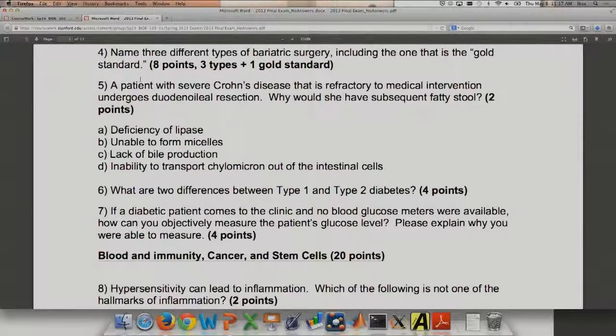So if a diabetic patient comes to the clinic and no blood glucose meters are available, the finger sticks one, how can you objectively measure the patient's blood glucose level and explain why you were able to measure this? Yes, correct.